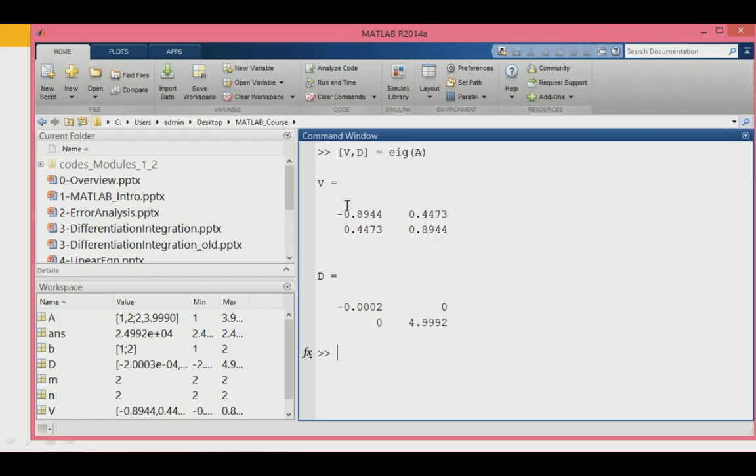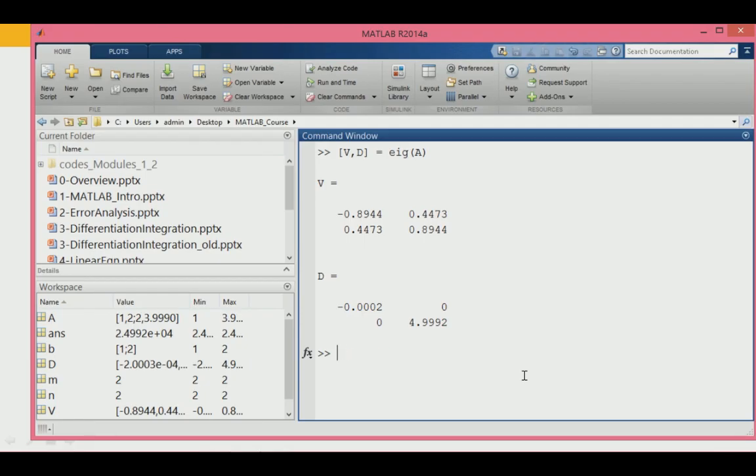So, this is the eigenvector 1, which is minus 0.89, 0.45, that is the first eigenvector corresponding to this eigenvalue. The second eigenvector is this one, which corresponds to this eigenvalue. Let us look at whether this satisfies the equation, rather A multiplied by v equal to lambda multiplied by v, whether this is satisfied or not. Okay. Let us try to look at that.